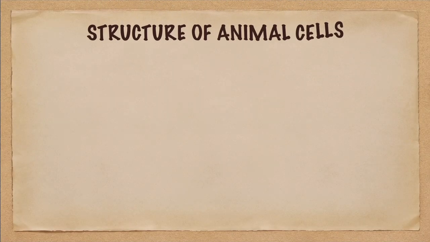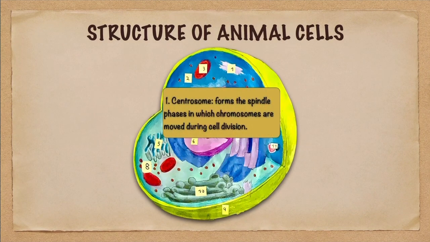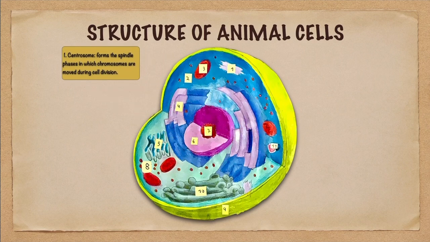Now the structure of animal cells. First, we have the centrosome. It forms the spindle phases in which chromosomes are moved during cell division. The cell division is the mitosis and meiosis. We will learn them later in this channel, but please have a bit of patience.